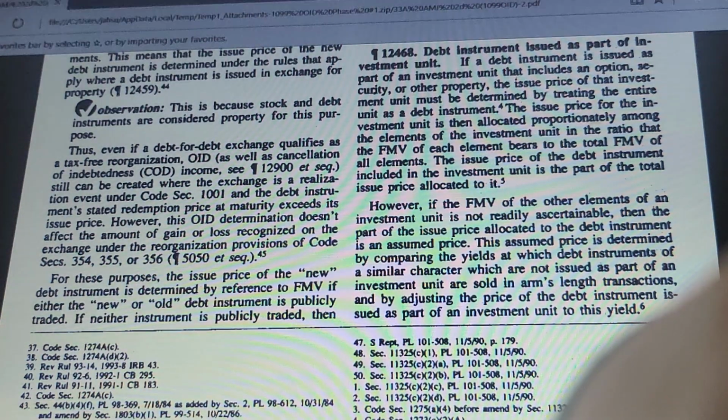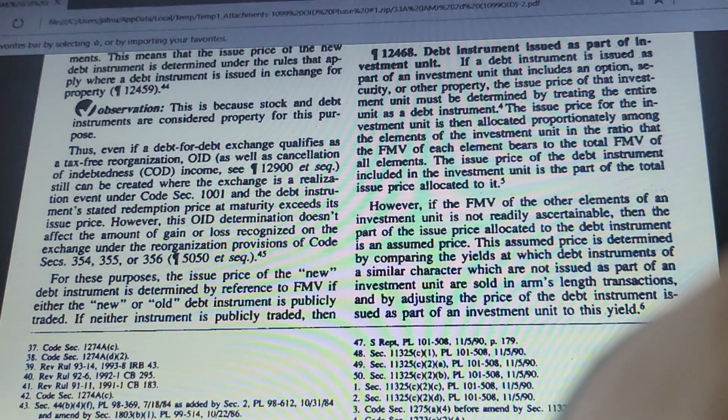However, this OID determination doesn't affect the amount of gain or loss recognized on the exchange under the reorganization provisions of Code Sections 354, 355, or 356 (¶5050 et seq.).